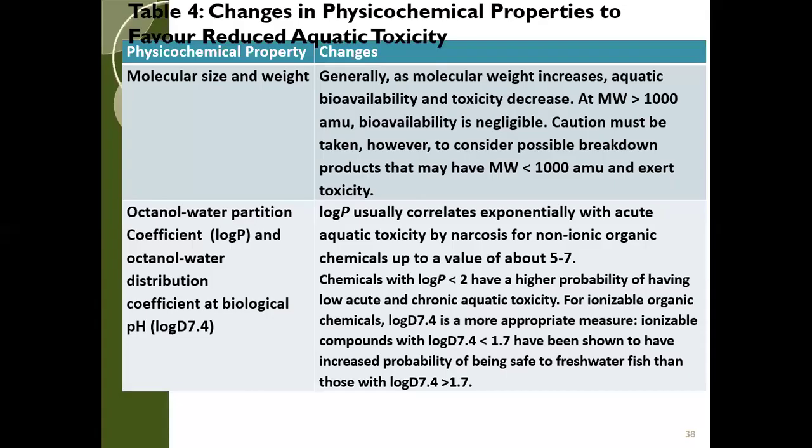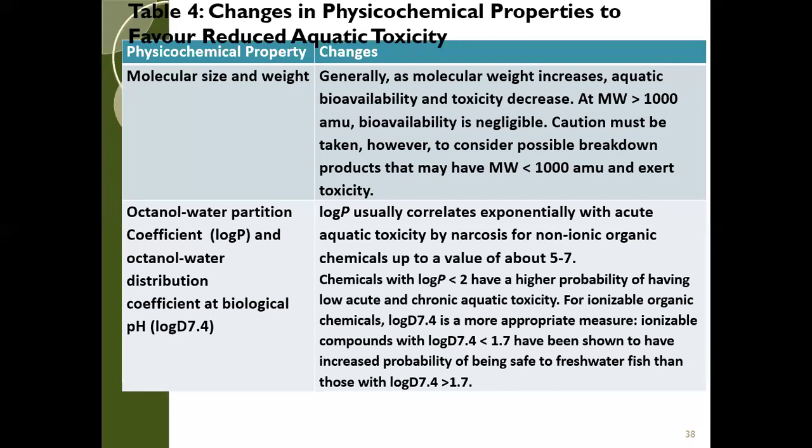So now you can see we have a table here that is mentioning a particular physical property and then changes. For instance, here you have molecular size and weight. So the molecular size of the chemical would also determine the kind of change, or how much of that chemical will be available in the environment, and the weight.